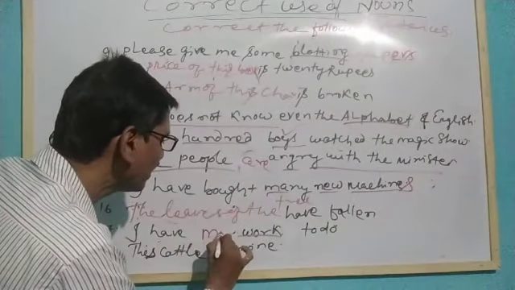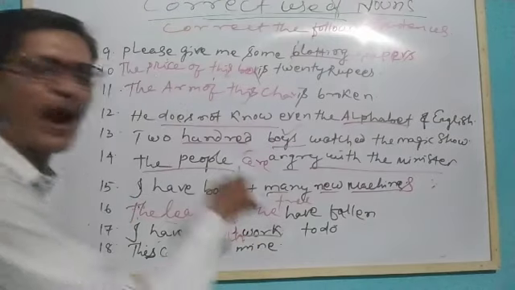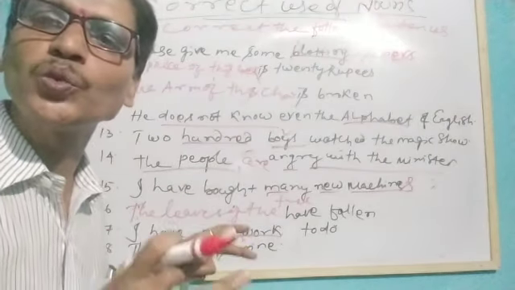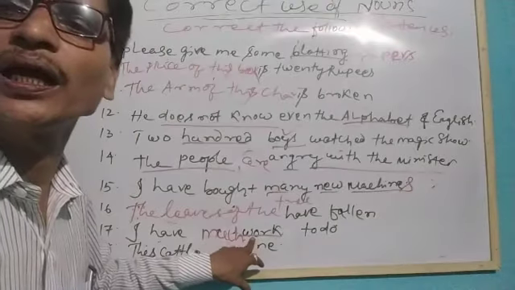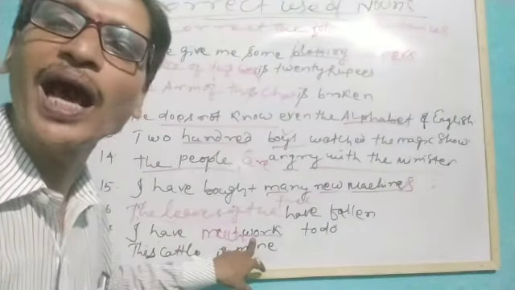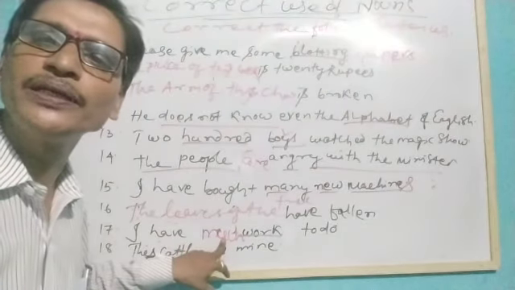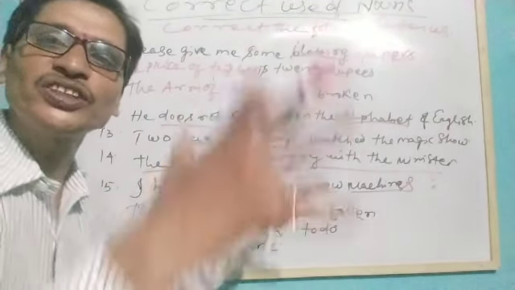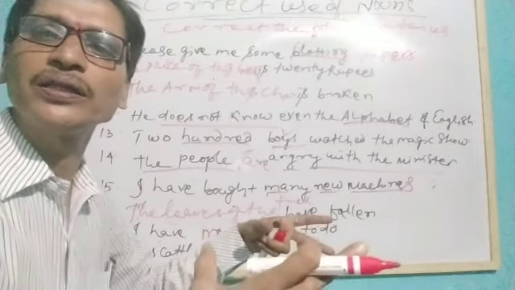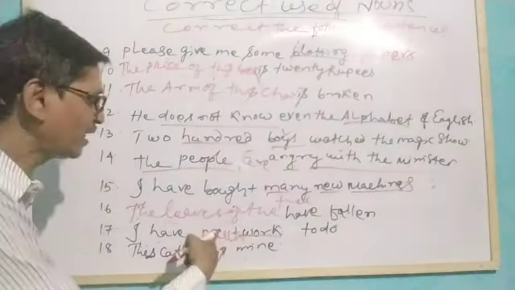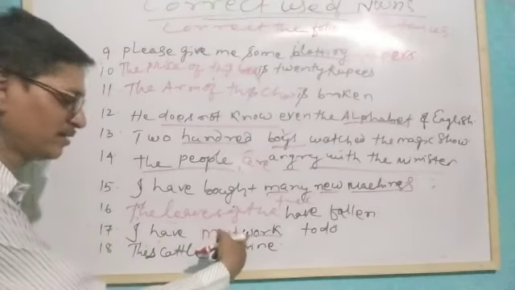So we can make it much work, not many works. Before an uncountable noun, we need to use much to demonstrate its quantity or amount. So instead of many works, we can say much work to do.